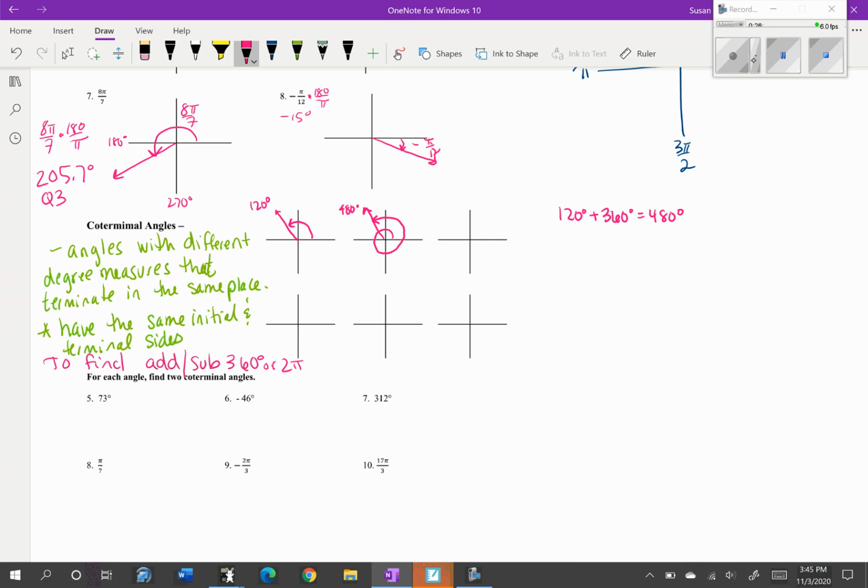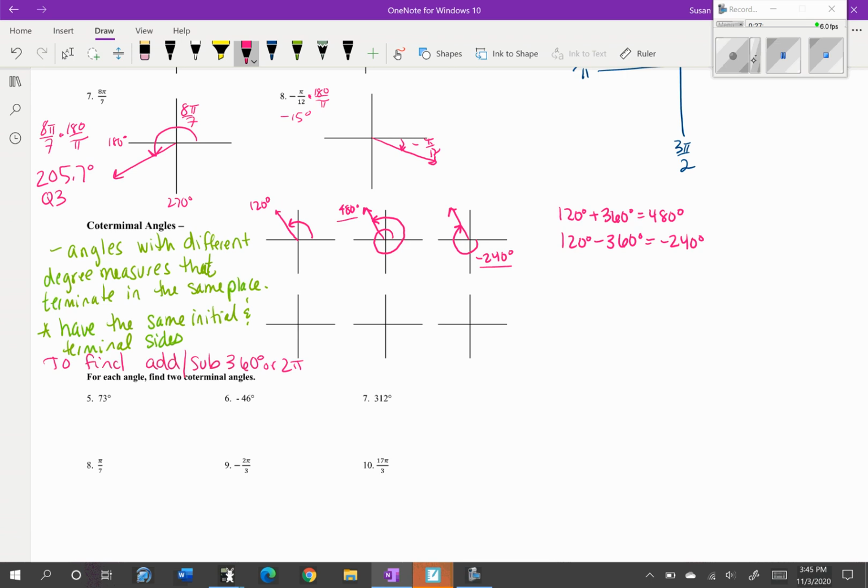And I could keep doing that. For another coterminal angle, I would add another 360, and I could keep adding 360 in order to get coterminal angles. So what if I took 120 degrees and subtracted 360 degrees? I would get negative 240 degrees. So again, we still have the same initial and terminal side. It's just that we've gone this direction on our circle.